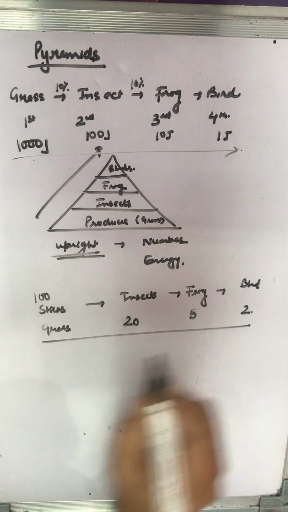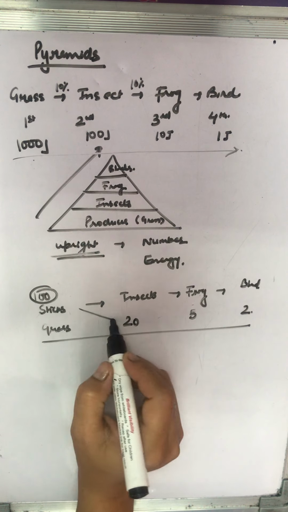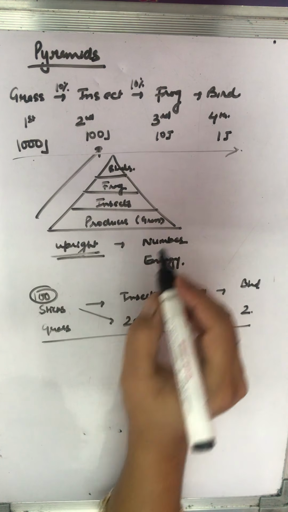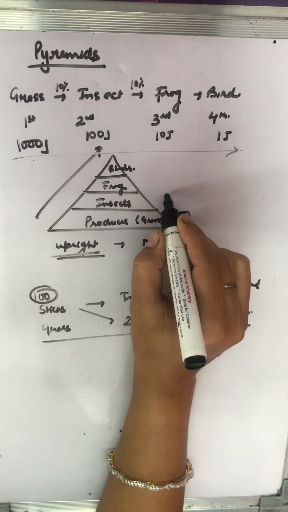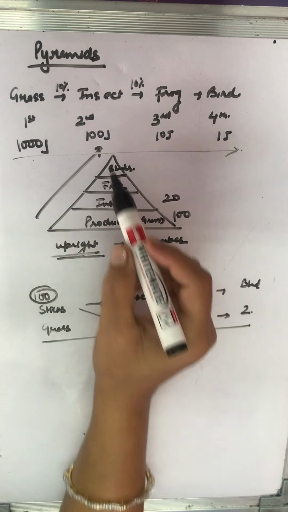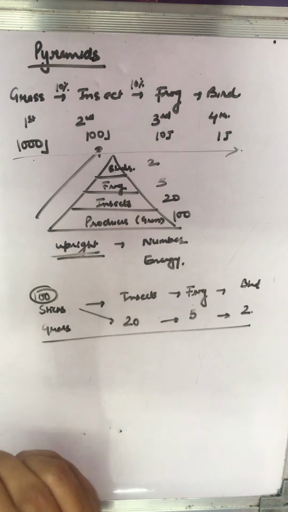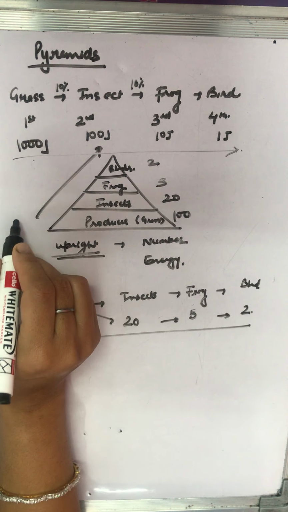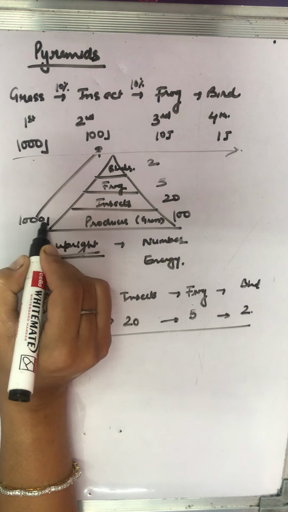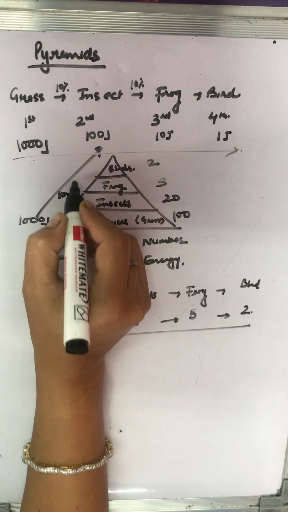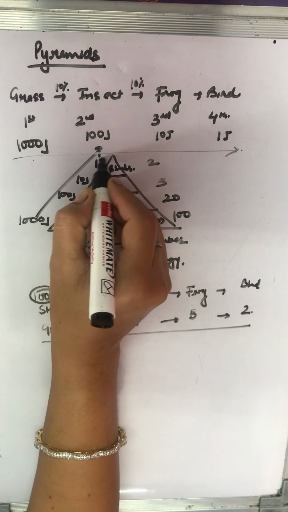So what happens to the number? 100 to 20 to 5 to 2. So if we design it in a food chain, in a pyramid manner, it is going to be upright. Same way the energy pyramid is also upright.